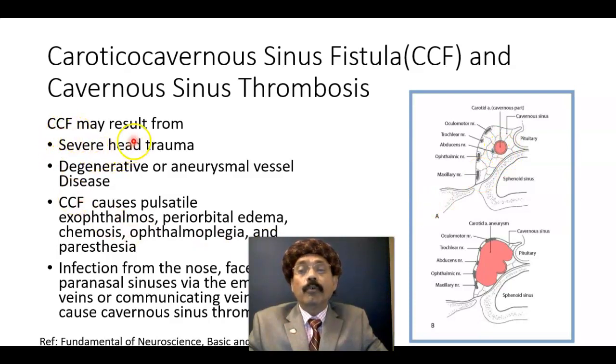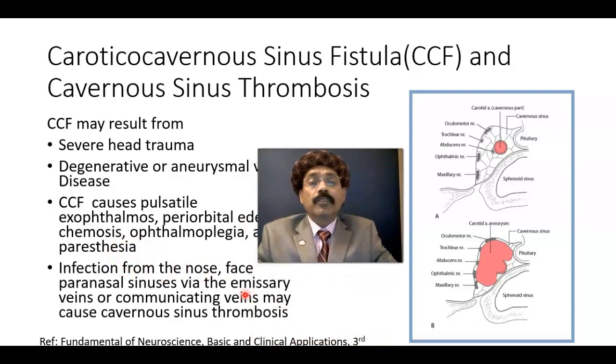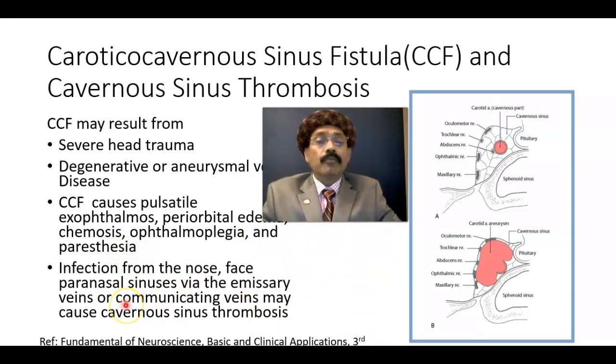This happens with head trauma, head injury, or degenerative or aneurysmal vessel disease; the aneurysm may rupture or may just compress the nerve. It causes pulsatile exophthalmos, periorbital edema and chemosis. The color will change because of stagnation of blood cells and their hemolysis.